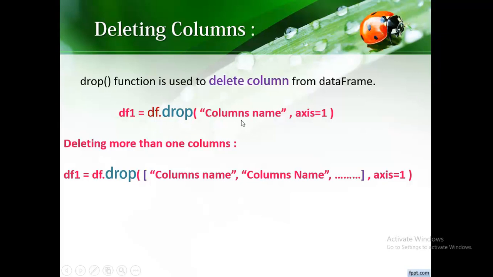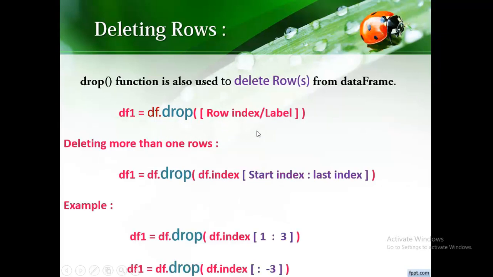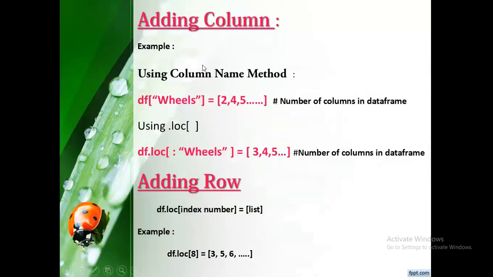Drop is used with the column name, and also with the row index, or row label or row name. Then you know how to add a column by using df with the column name or using loc, and you have also learned how to add a row using loc.